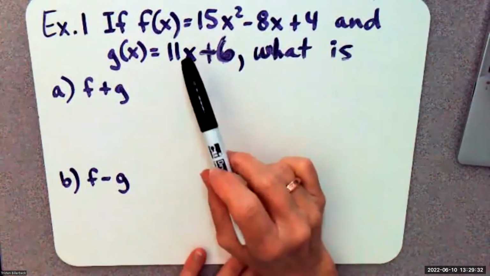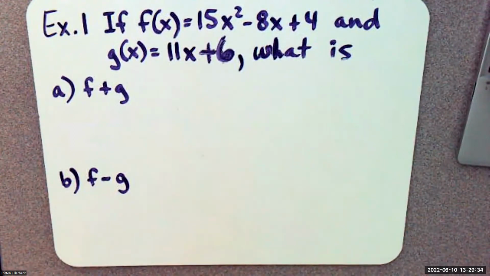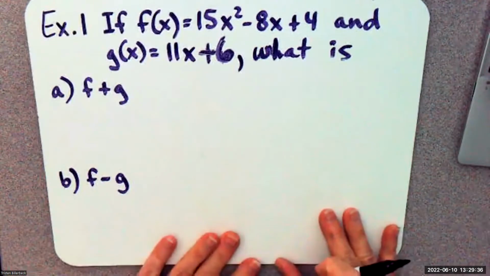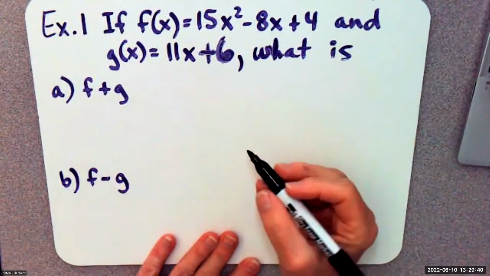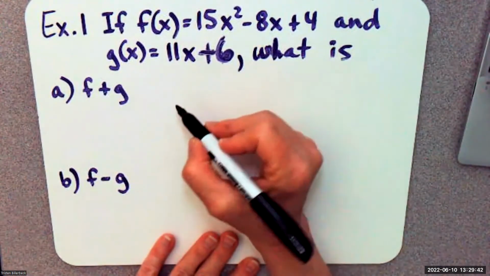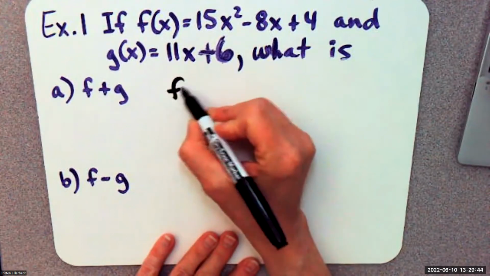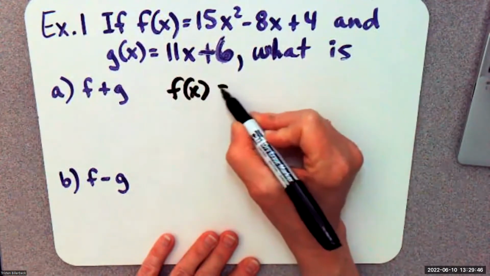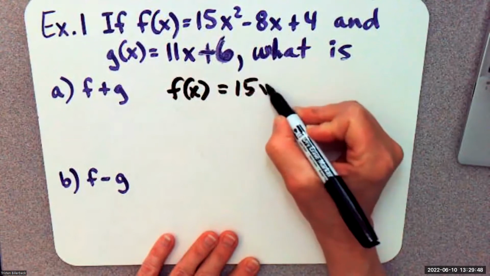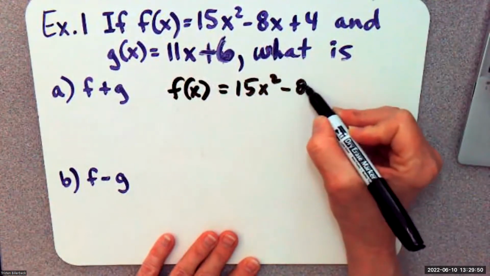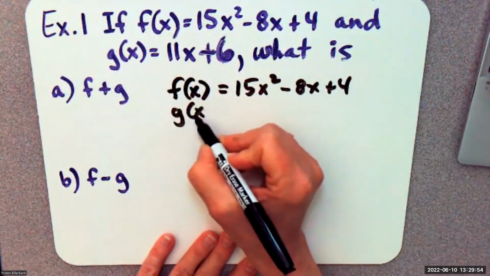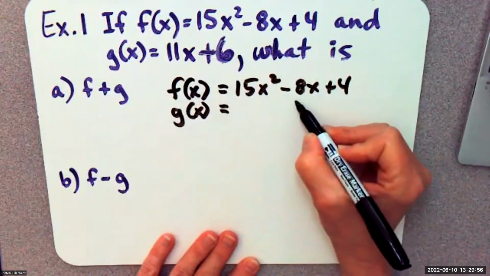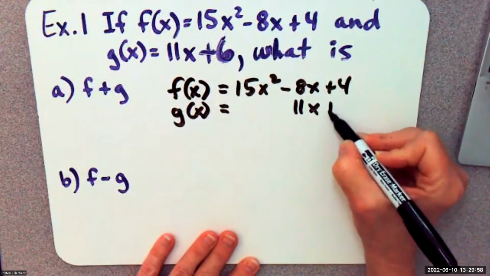So if I have f of x equals 15x squared minus 8x plus 4 and g of x is 11x plus 6, what is f plus g of x? So we're going to add these two functions together. We have 15x squared minus 8x plus 4, and then g of x equals 11x plus 6.